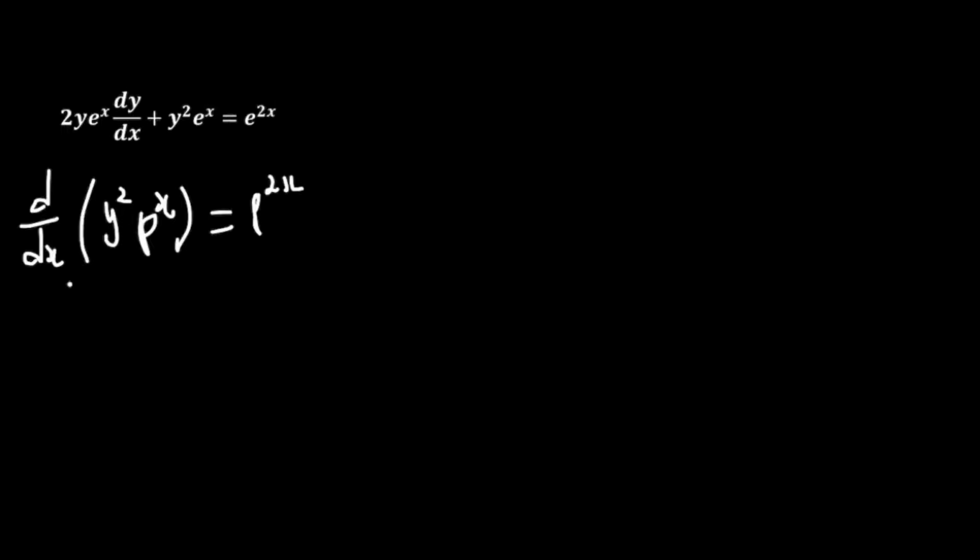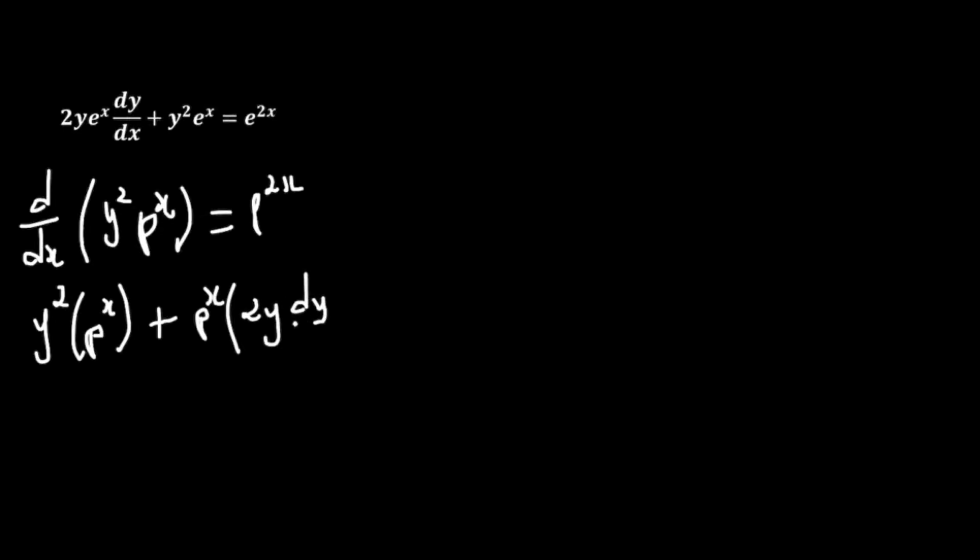So if we keep our y squared constant and we differentiate e to the power x, we are going to have e to the power x. Now, plus if you keep our e to the power x constant and we differentiate our y squared, we are going to have 2y. Since we are differentiating with respect to x, we are going to have dy all over dx.